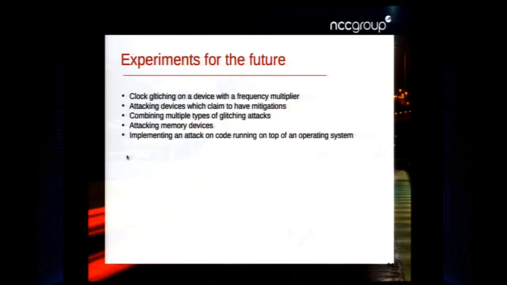I'm not sure if I put this paper inside the citations, but somebody tried to implement their clock glitching attack by having the device on a hot plate, which actually helped them out when they were trying to do their clock glitching attack, which is pretty interesting. I'd also like to know what it's like to attack memory devices and how plausible it would be to attack some code that's running on top of an operating system.